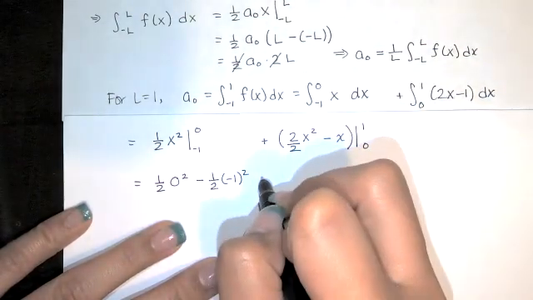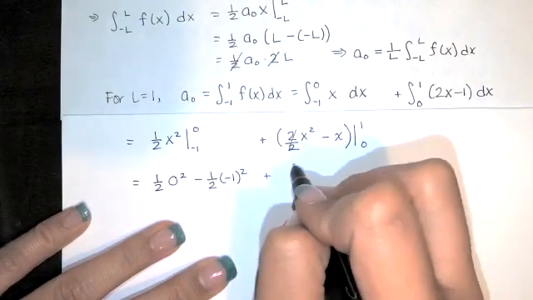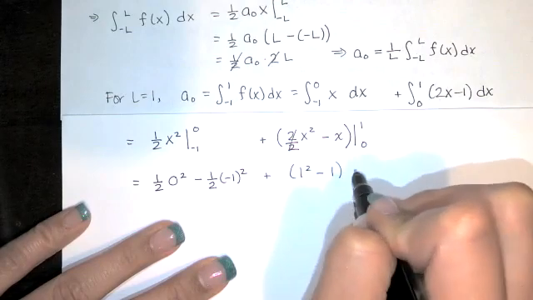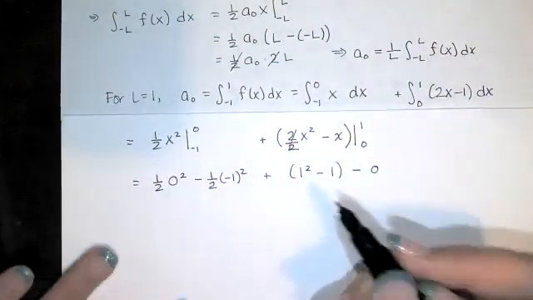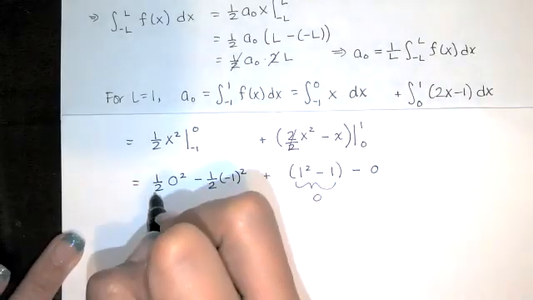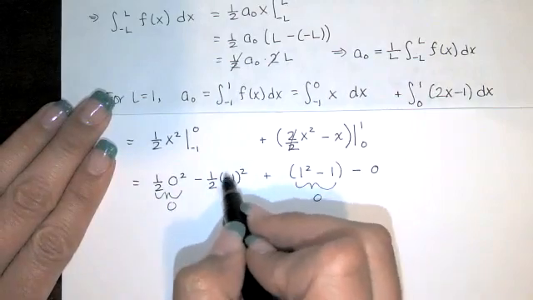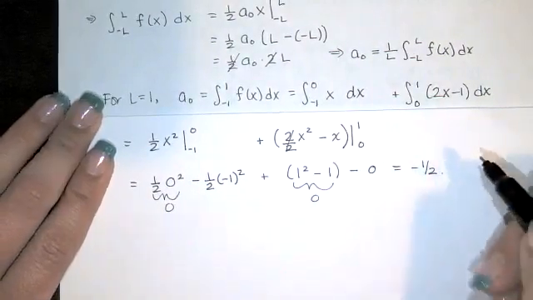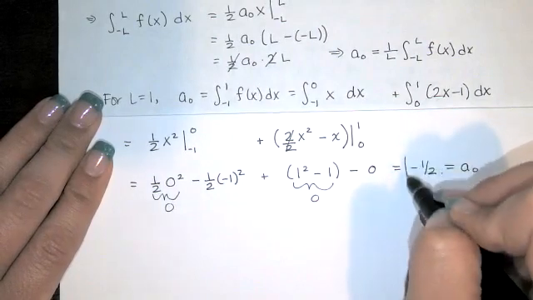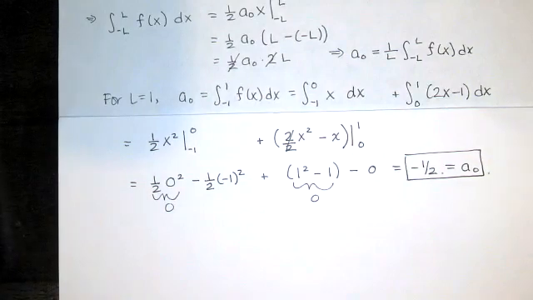Evaluate that at 0 and 1. So at x equals 1, we'll have 1 squared minus 1. Then we'll subtract this evaluated at 0, which is just 0. 1 squared minus 1 is, of course, 0. Of course, this is 0. -1 times -1 is +1. So we'll have +1 times -1/2, which is -1/2. So from this, we have a0 equals -1/2. All right, cool.